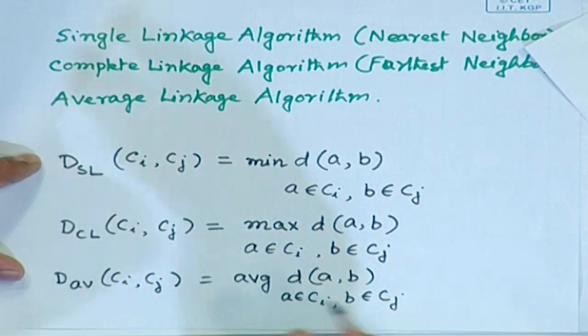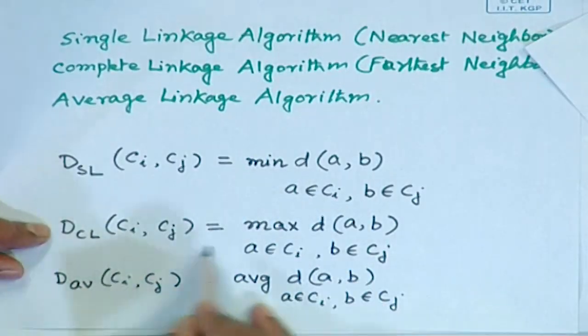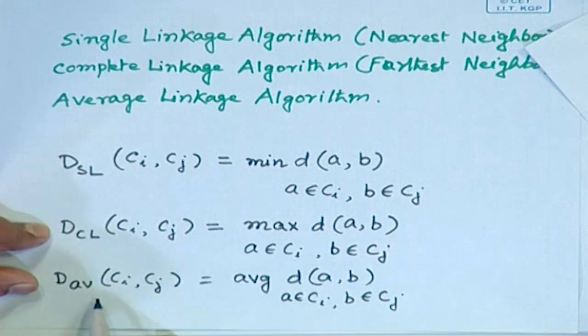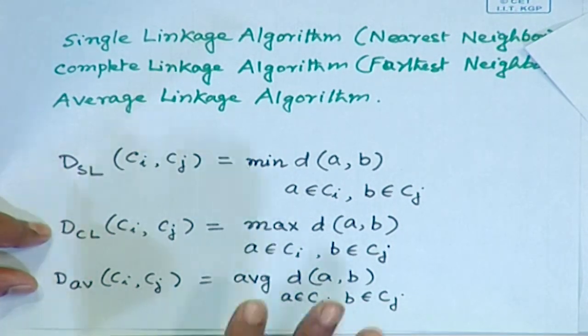How do you compute the distance between two clusters? The distance between two clusters using the single linkage algorithm is this, using the complete linkage algorithm is this, using the average linkage algorithm is this. And once I find the distance between two clusters, the clusters having minimum distance will be most similar. It is not the maximum distance among the clusters, because then the clusters are farthest.